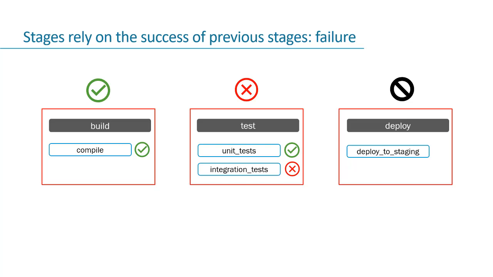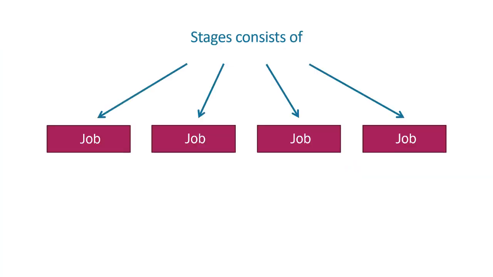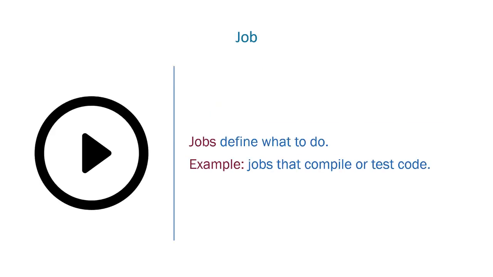All right, now we basically understand what the stages are. Let's talk about jobs. We actually discussed jobs a little bit, and jobs are basically the components of a stage. So a stage consists of different jobs, and the job itself actually defines what to do. All the pipeline and stages are just concepts.